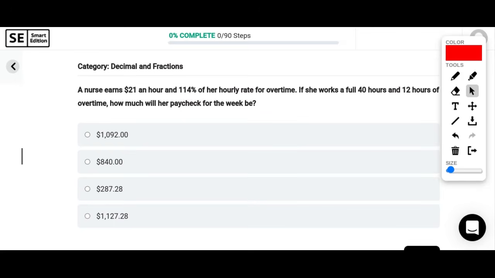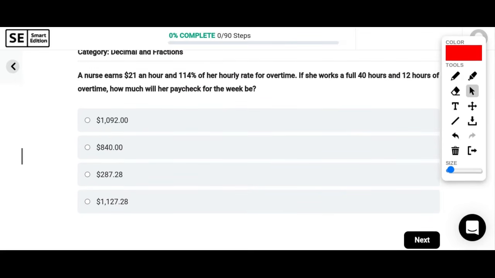All right. A nurse earns $21 an hour and 114% of her hourly rate for overtime. If she works a full 40 hours and 12 hours of overtime, how much will her paycheck for the week be? Okay, so she makes $21 an hour, and she's working those full 40 hours. And then it says she makes 114% of her hourly rate for overtime.